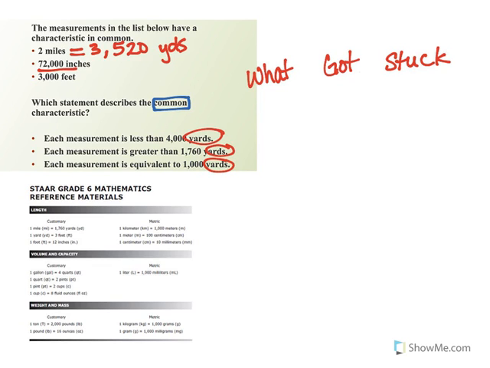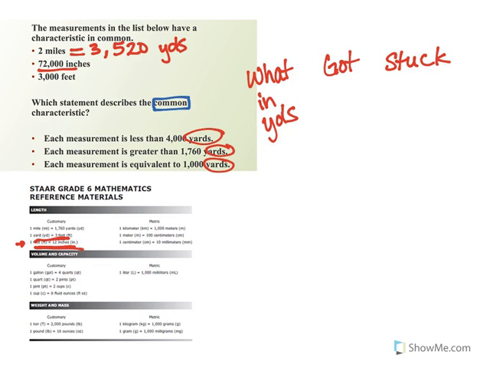In this case, I'm comparing inches to yards. Let's look here. Here are my inches. I know that 12 inches is 1 foot. Inches and yards don't connect. Oh, didn't we have that problem earlier? So 12 inches is 1 foot. 3 feet is 1 yard.